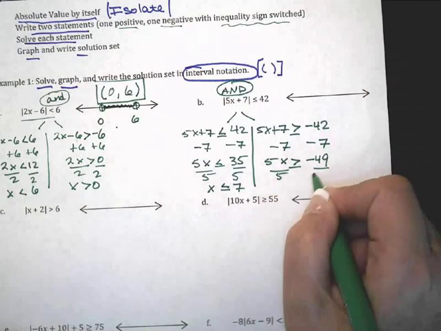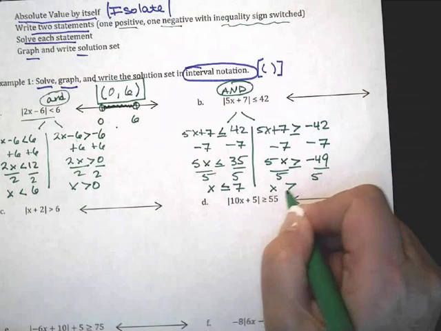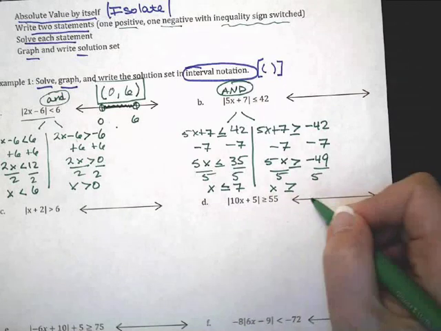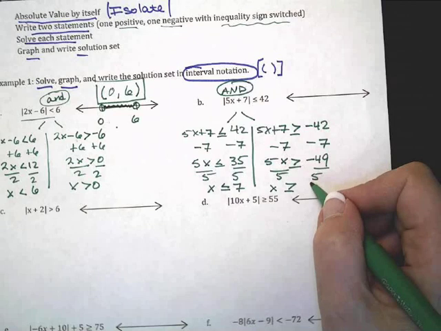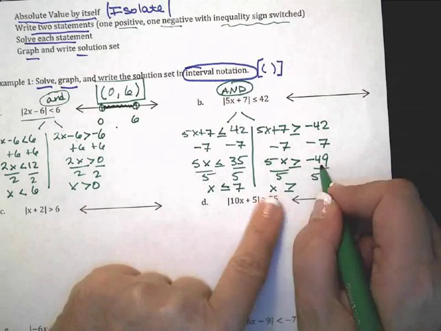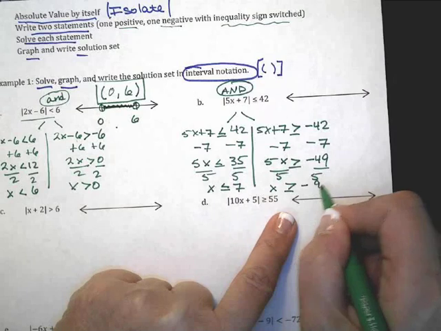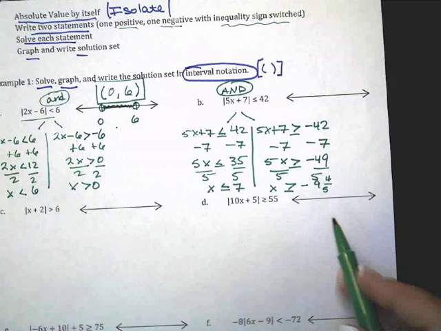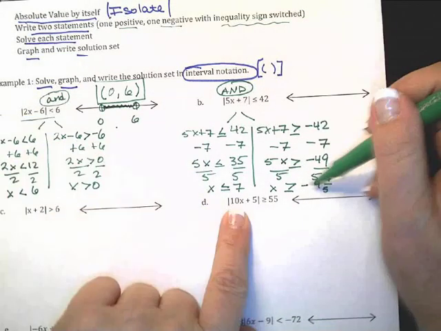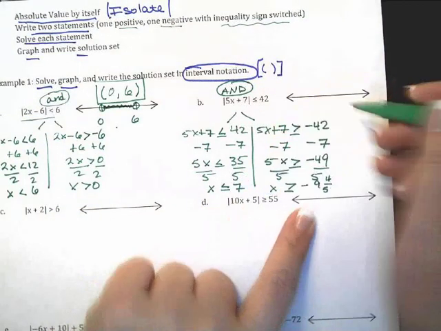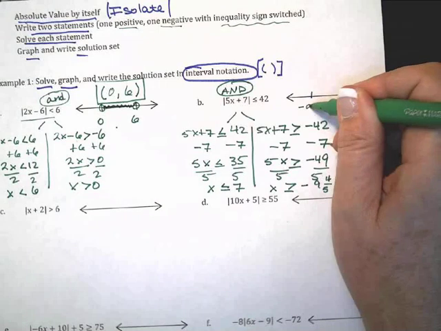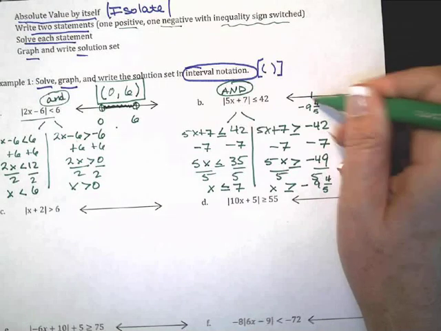Dividing by 5 gives me x is greater than or equal to, getting a fraction on this one, negative 49 fifths, I'm just going to change to negative 9 4/5. So remember, this is an and, so let's take our smallest endpoint, which would be this negative 9 4/5, and place it on the left of our number line.